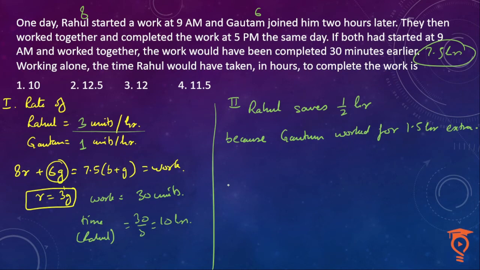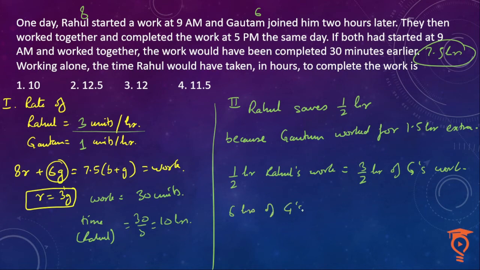So we can say half an hour of Rahul's work is equal to 1.5 hours of Gautam's work. So this way also, Rahul's rate comes out to be 3 times Gautam's rate. Or in other words, in the first case, 6 hours of Gautam's work would be actually 2 hours of Rahul's work.